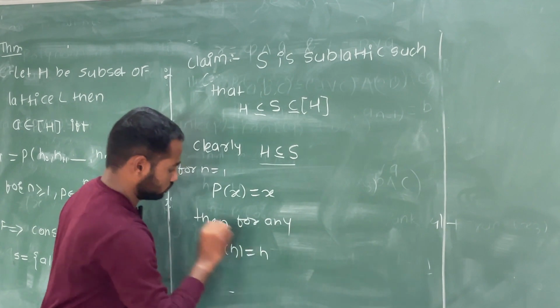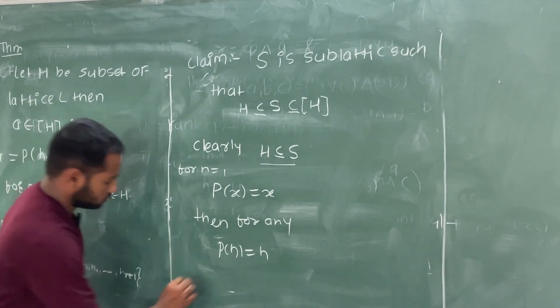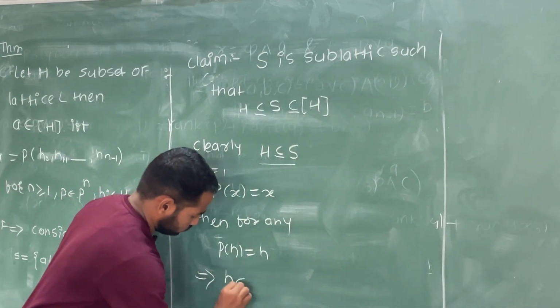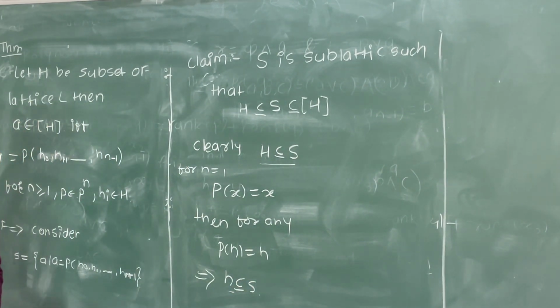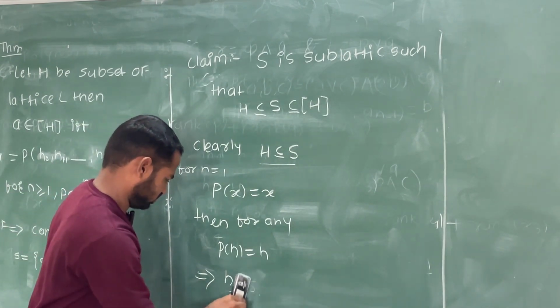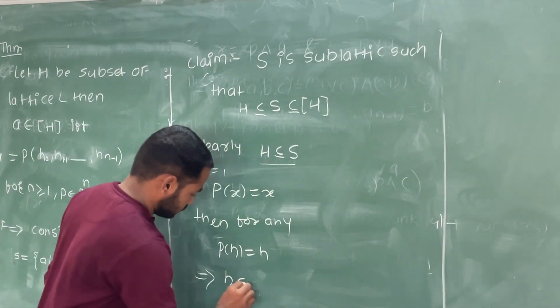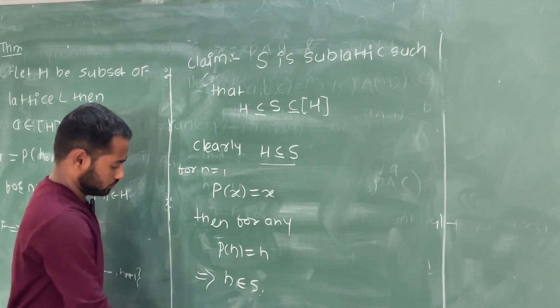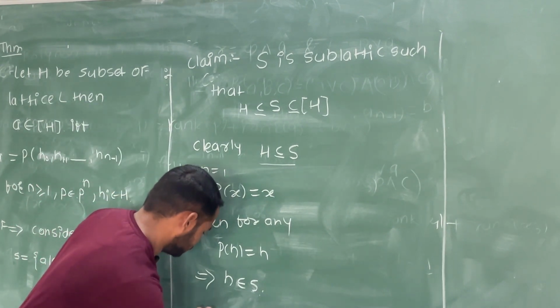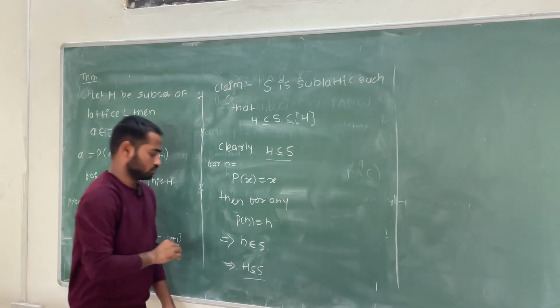That means your h is the value evaluated of the polynomial P of x. Is that clear? That shows that small h belongs to capital S. That proves that H is contained in S. So as I said, "clearly" usually doesn't follow immediately.